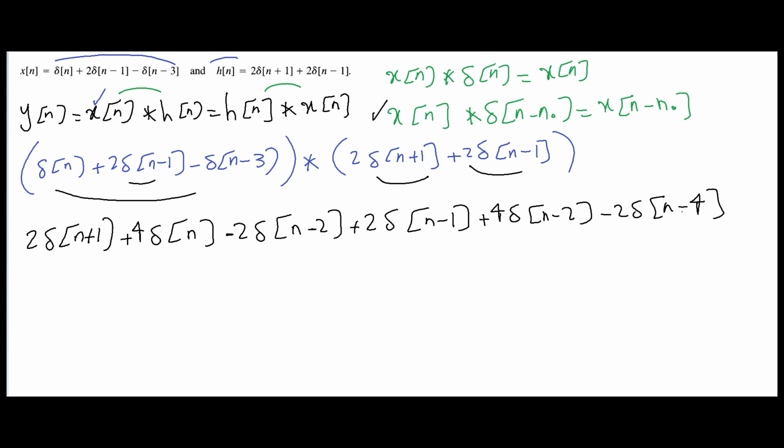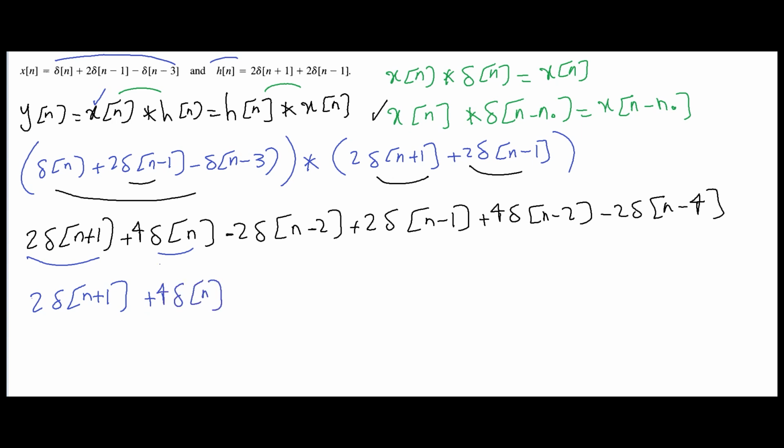Now we add all the resulting terms together. Let's combine any impulses that occur at the same time. The impulse at n equals minus 1 appears only once, giving 2 delta of n plus 1. The impulse at n equals 0 has a coefficient of 4.